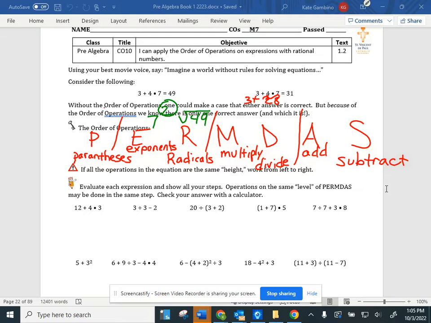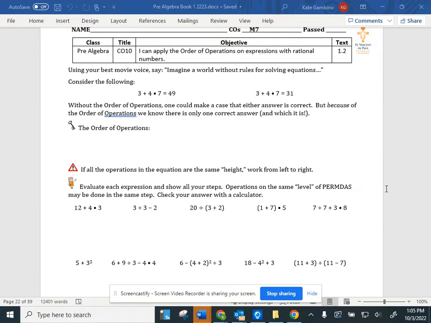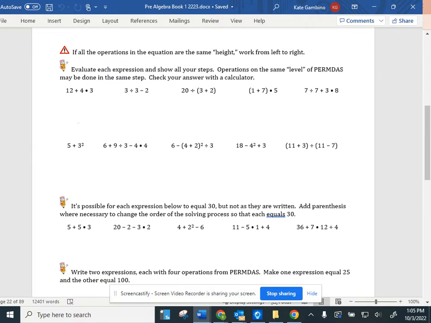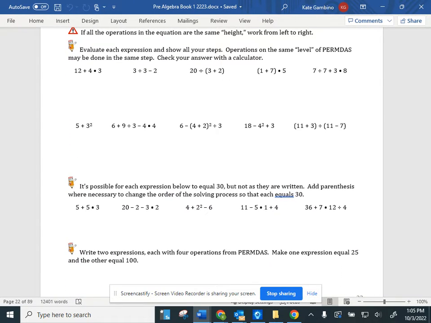So I am going to show you how I want you to show your work when we do our order of operations. Now this is super important because I always have friends who say, oh, I know how to do this. I'm going to do mental math. I'm going to do it in my head. I'm going to do it with a bunch of equal signs everywhere.